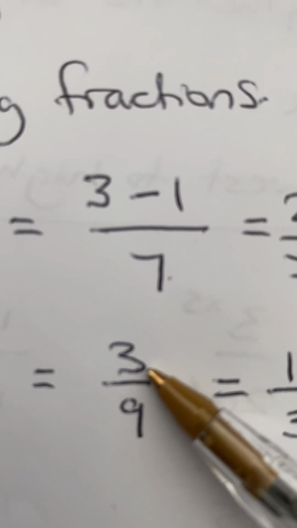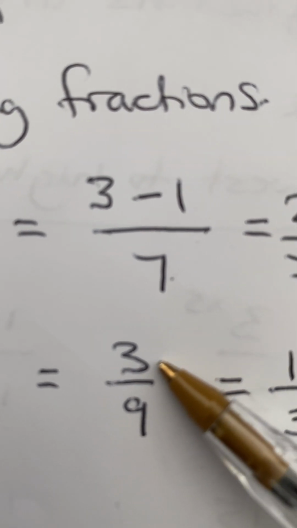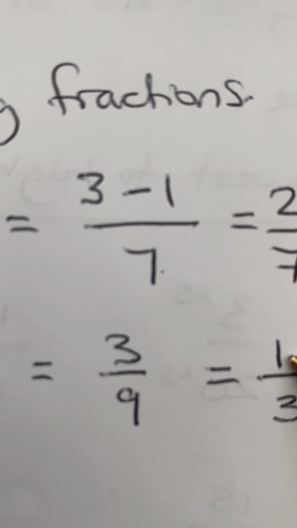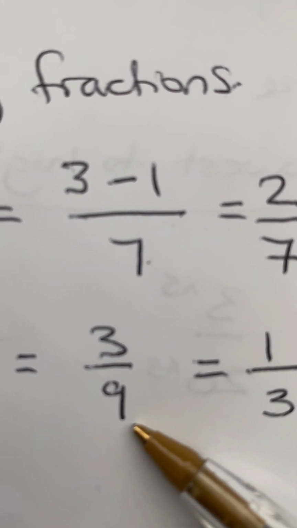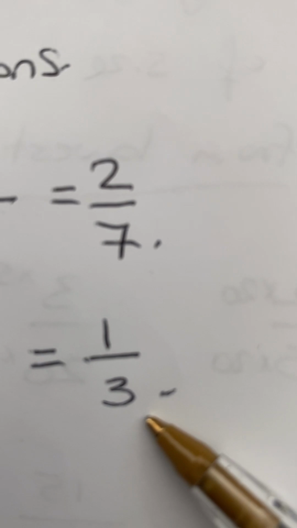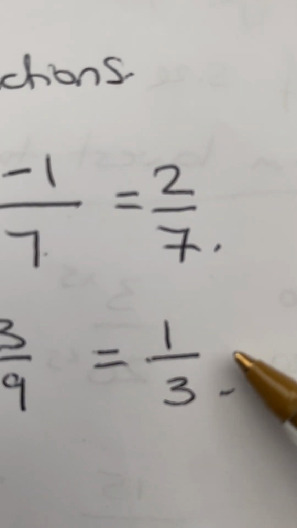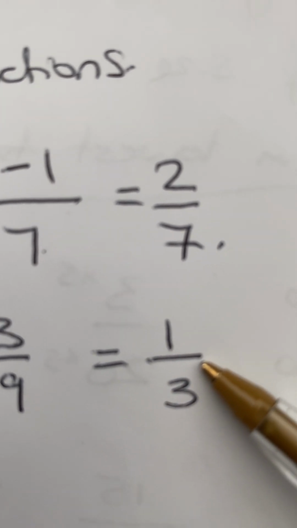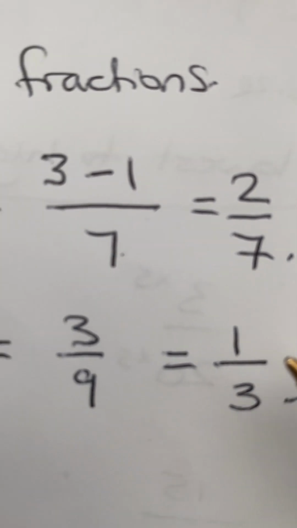How many 3's do we have in 3? 1. And how many 3's do we have in 9? 3. So our new answer in the lowest form is 1 over 3, or 1/3.